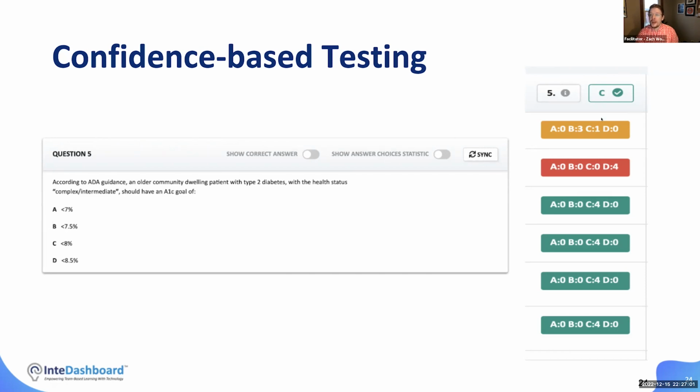They ultimately weighted their answer incorrectly, right? But that shows me that A was not a good distractor, and D was not a good distractor for this student. And so their confusion lies between choosing between 7.5 and 8.